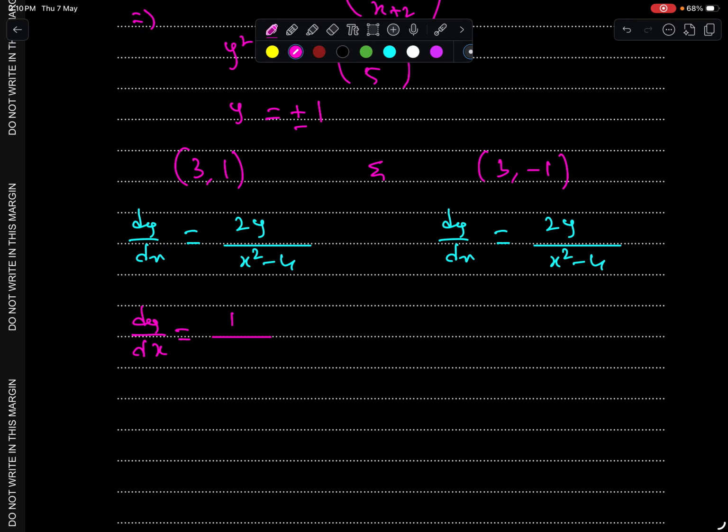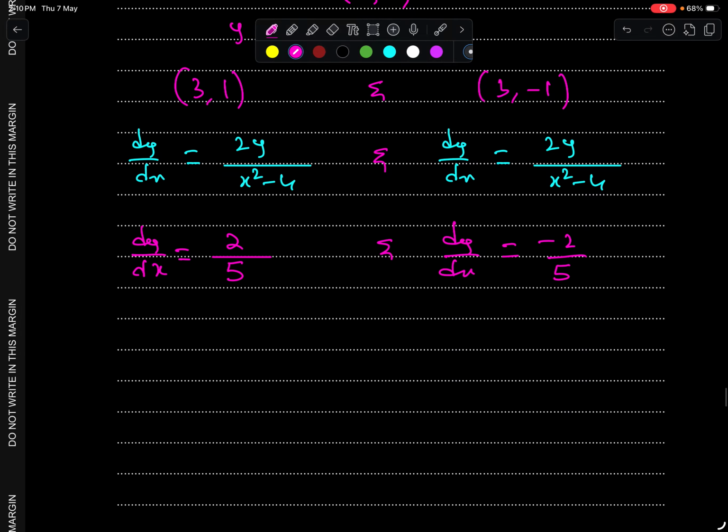So 3 squared, 9, minus 4 is 5. So this is 2 upon 5. Y is 1, so 2 upon 5. This is minus 2 upon 5 because y is minus 1. So we have got 2 gradients.